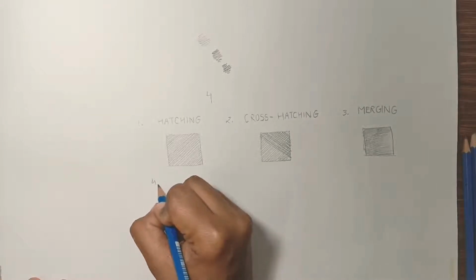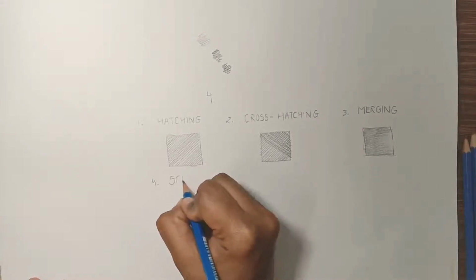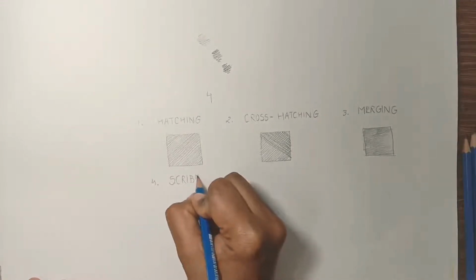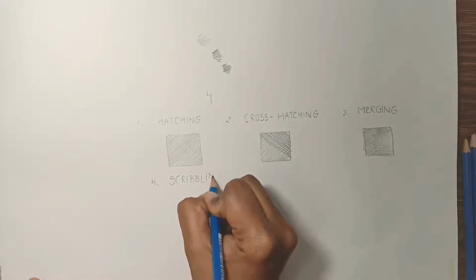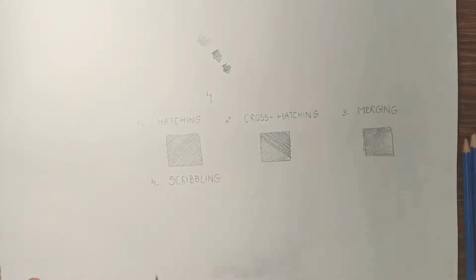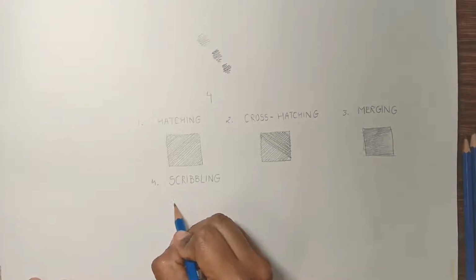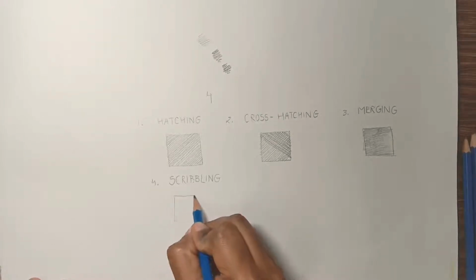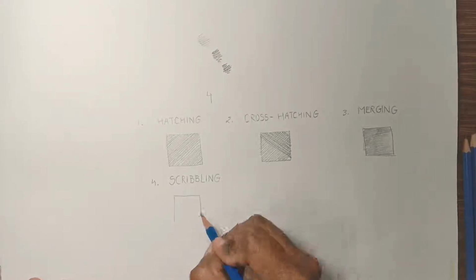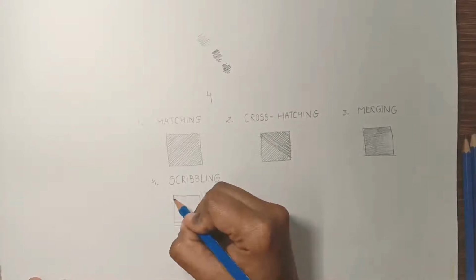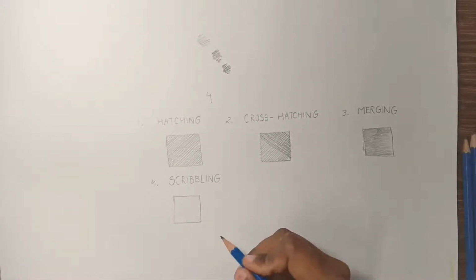And the fourth technique is scribbling. Scribbling is the most fun and careless of all.